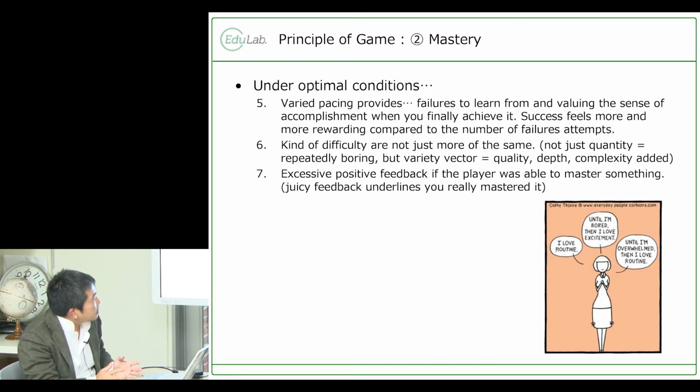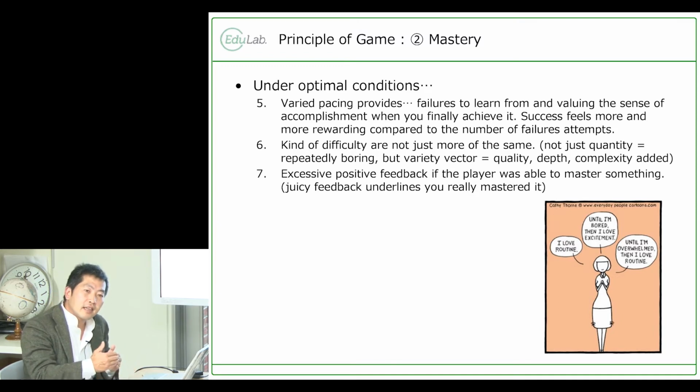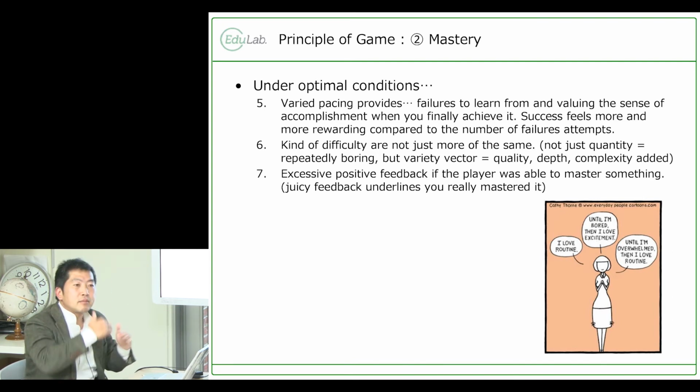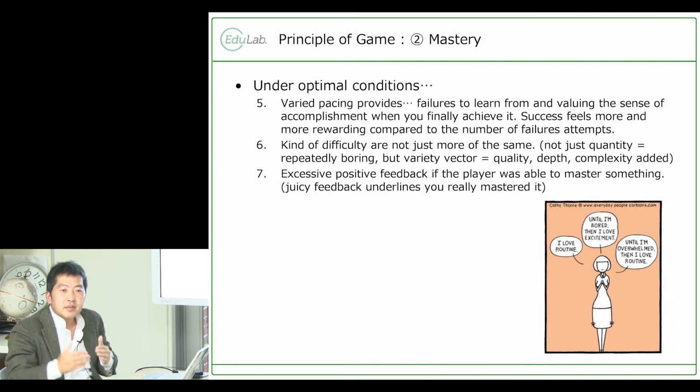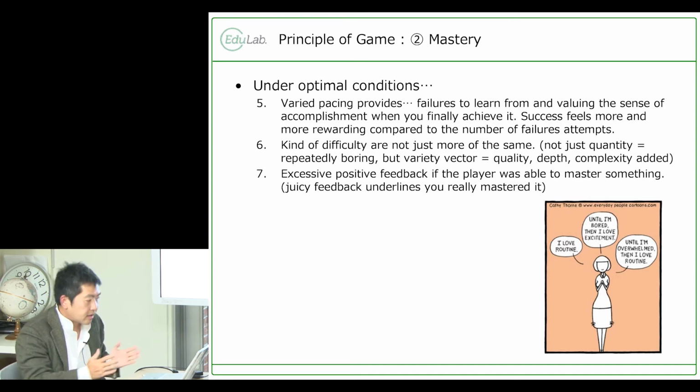When I say variety, quality, depth, and complexity, these are the things that make pacing not unified. If the pace is unified, people start to get bored. But sometimes the challenge is a little more challenging than the normal pacing, then it gives a rhythm to the whole process.